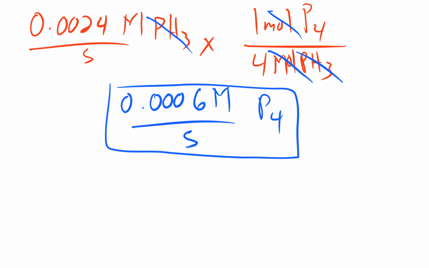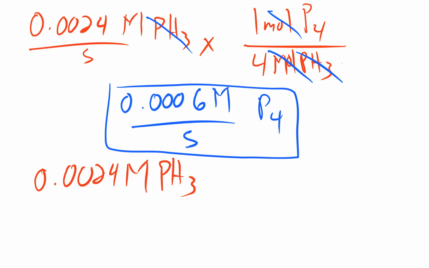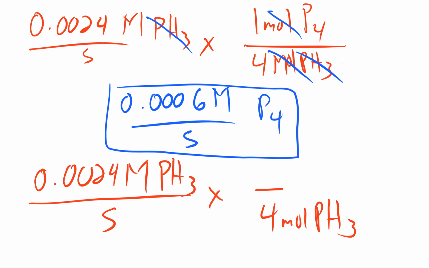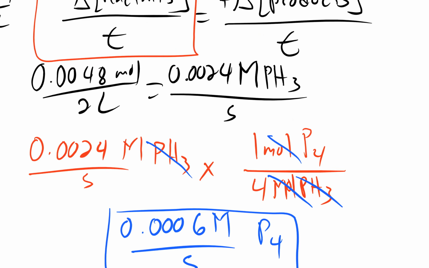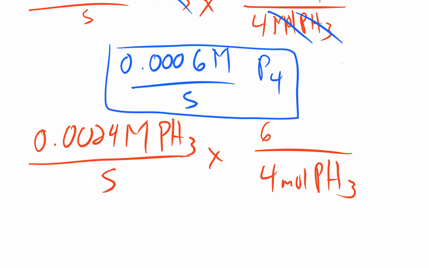And for H2, I do the same thing. 0.0024 molar PH3 per second times 6 moles of H2 for every 4 moles of PH3.